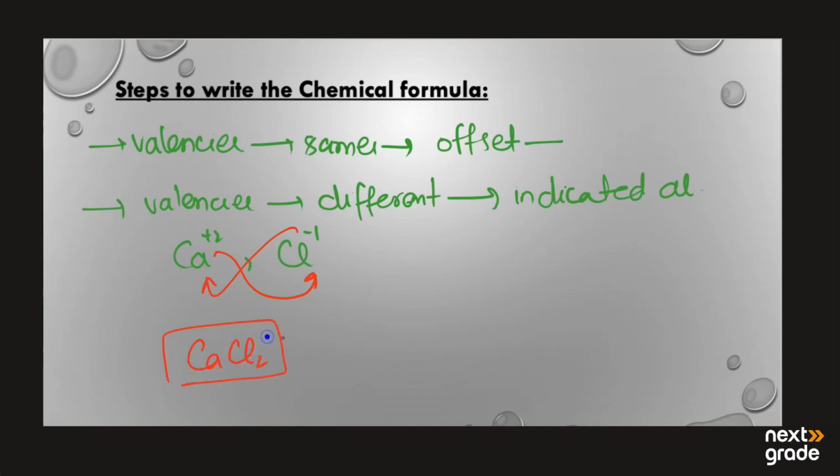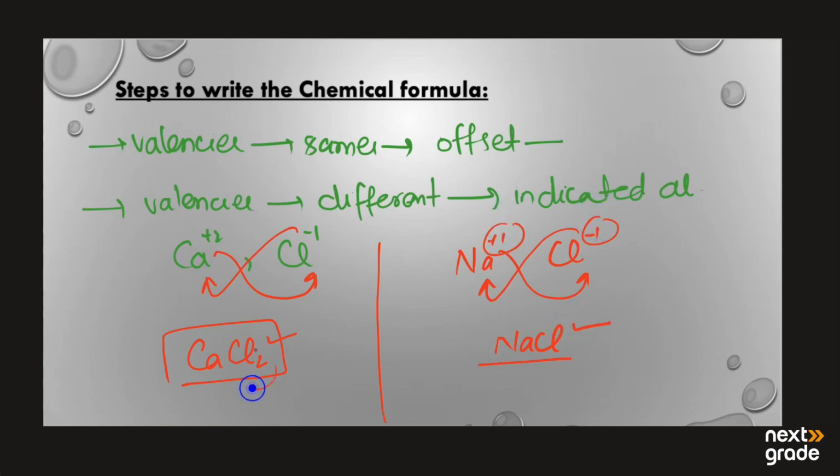On the other hand, if the valencies are the same, like sodium +1 and chlorine -1, then the valencies offset and we have the formula NaCl. If the valencies are different, then we need to write them.